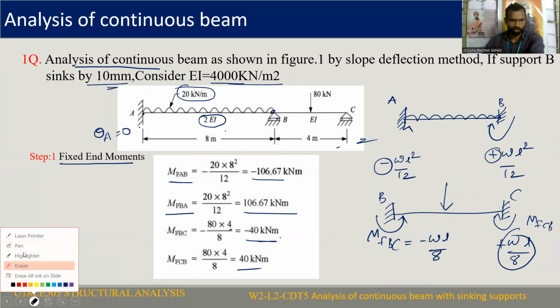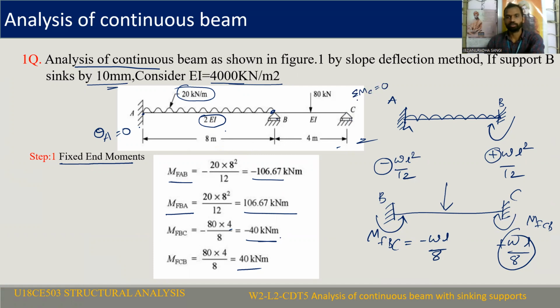In the first problem, CDT3, we discussed that at a fixed support the summation of moments at C is not 0. But here this is a roller support, so for the joint equilibrium equation, the summation of moments at joint C will be equal to 0. That is the condition. At joint C, only one moment is there, MCB, so we must equate MCB to 0.